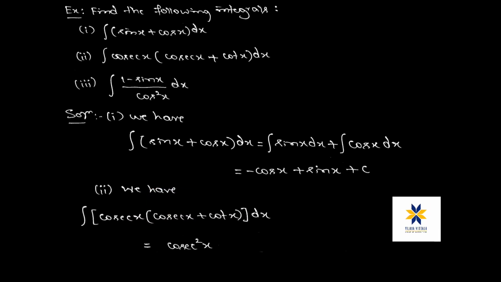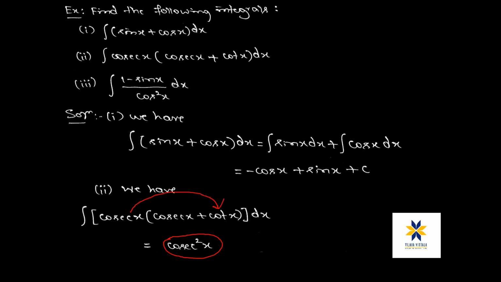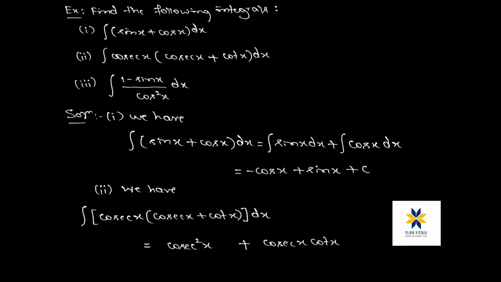We got cosecant square x here. Then we multiply cosecant x with cot x. We get plus cosecant x into cot x. Yes, we have written here.